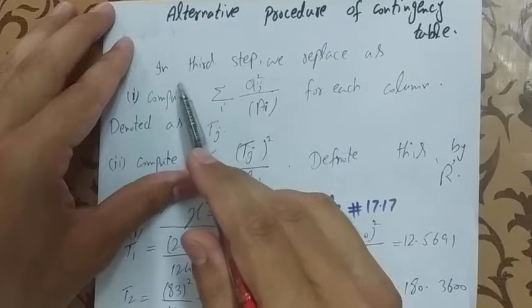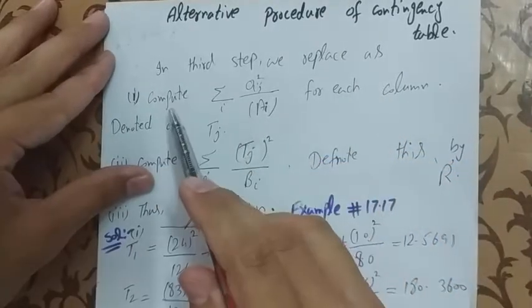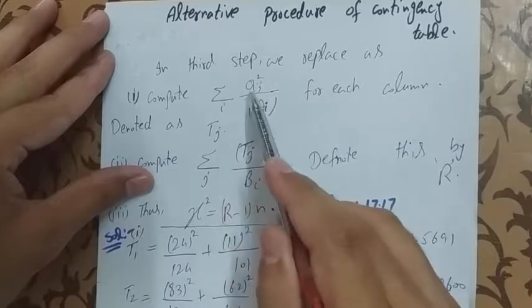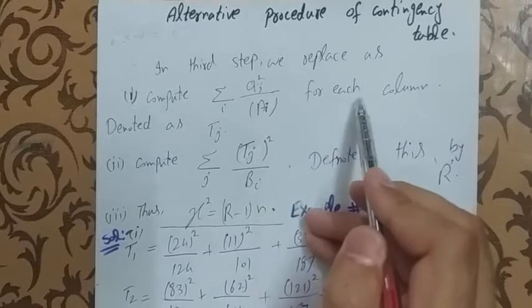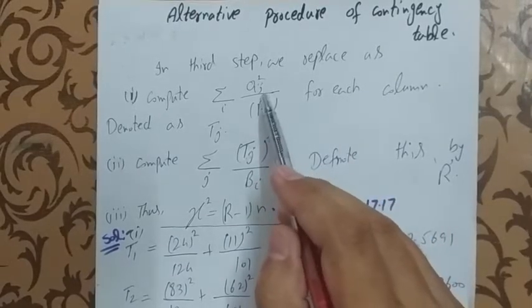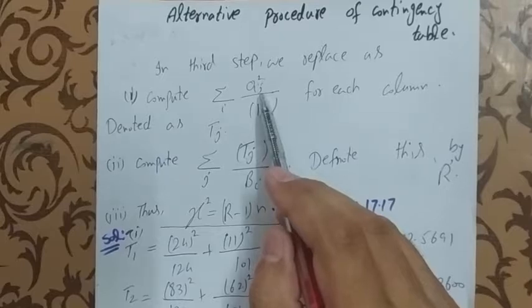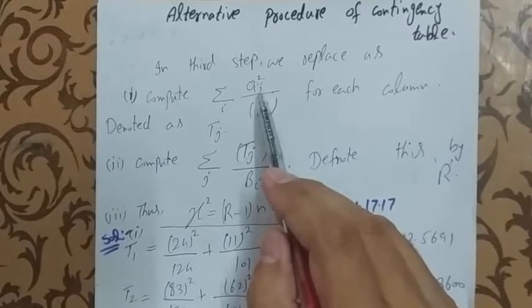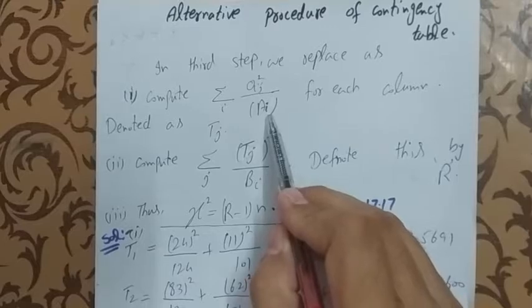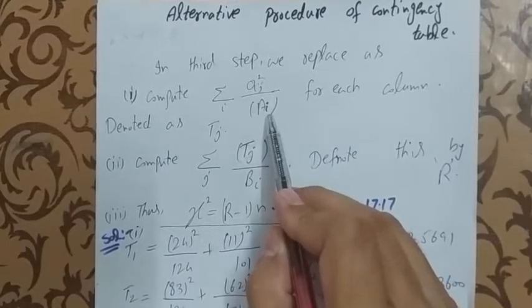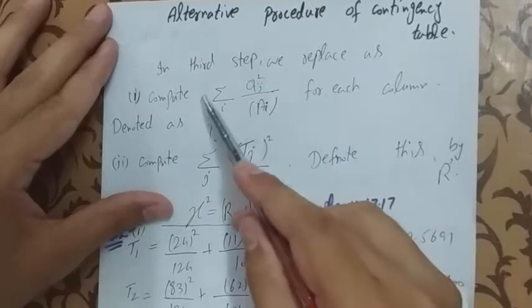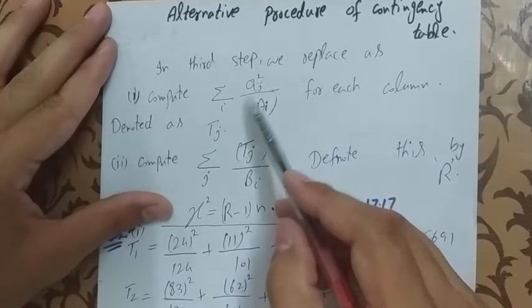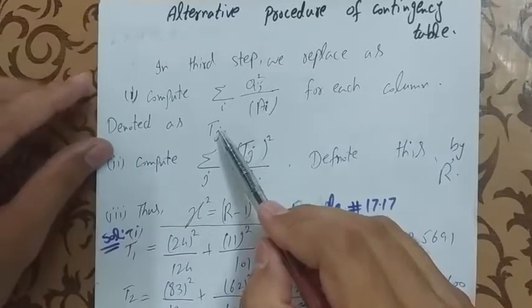In the third step we replace it as follows. Compute the summation over i of Oij square over Ai for each column. Here Oij means the observed values which are given in the problem, and Ai shows the row totals of the table given in the problem, and the results which come from this we denote as Tj, capital Tj.